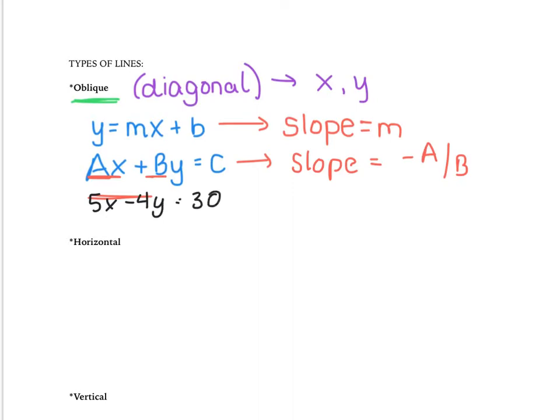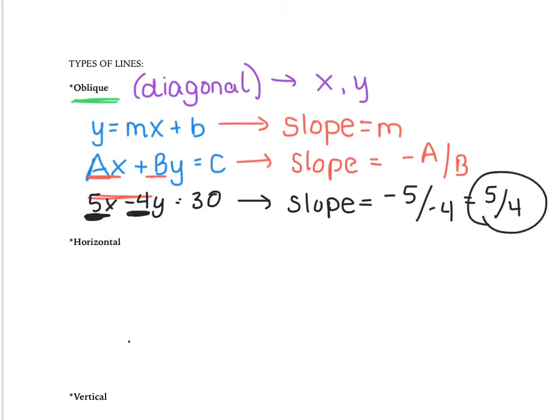If I had asked you to find the slope of that line, you would tell me that the slope was the opposite of this first number, so negative 5, over this number, which is actually negative 4. Okay, don't forget that negative goes with the 4. And then if you simplify that, it would become just 5/4. So I was able to find the slope of that line without putting it in slope-intercept form. That's a totally valid shortcut, works every single time.